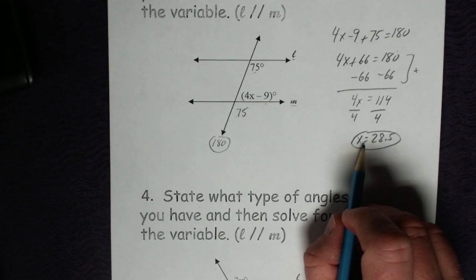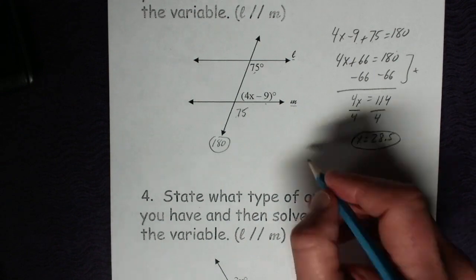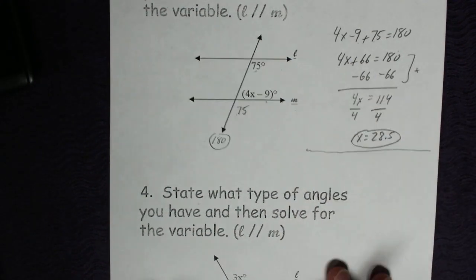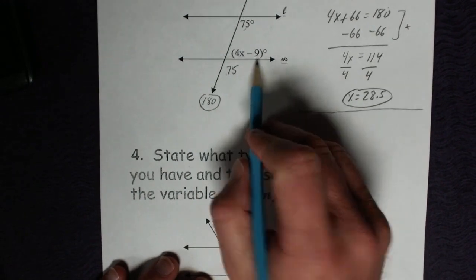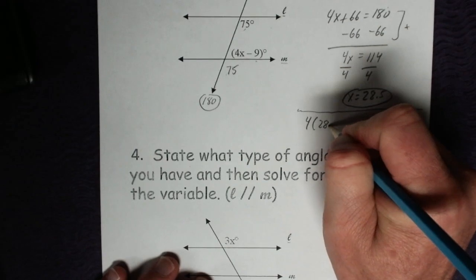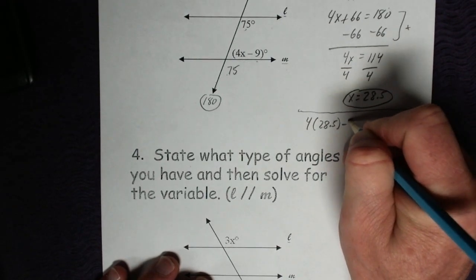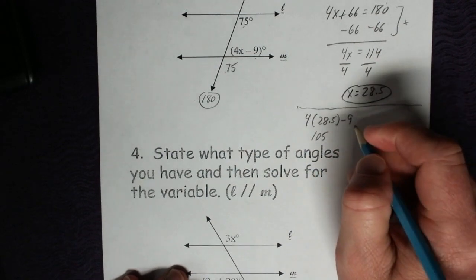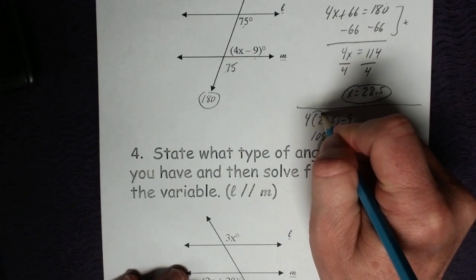Now, let's see what happens and make sure it works out. I'm going to plug this back in for this x right here. Minus 9. And I get 105 from here.